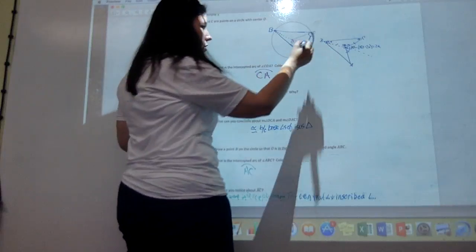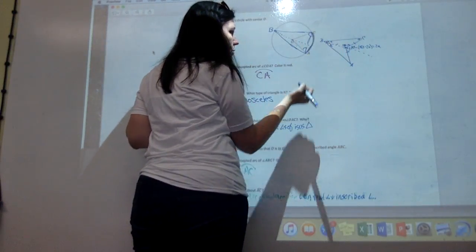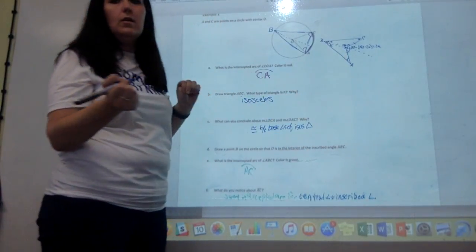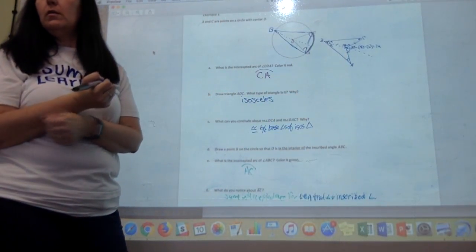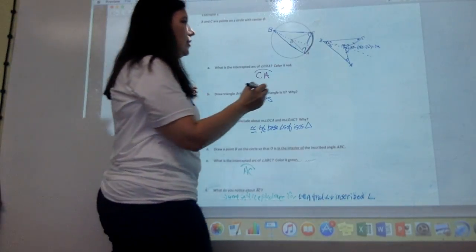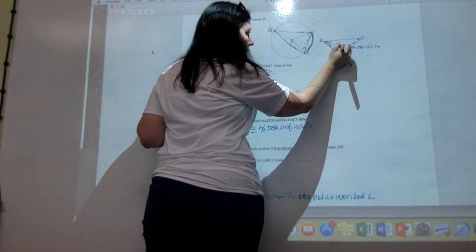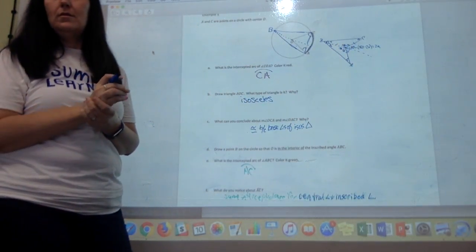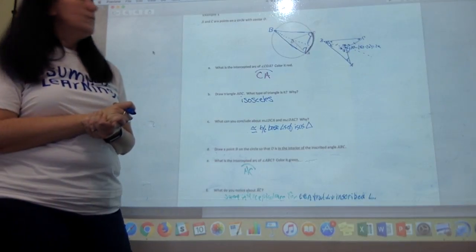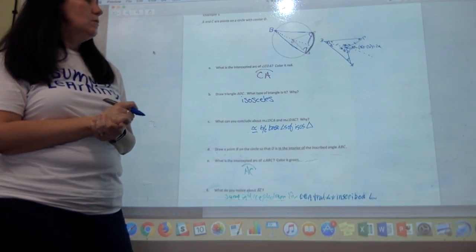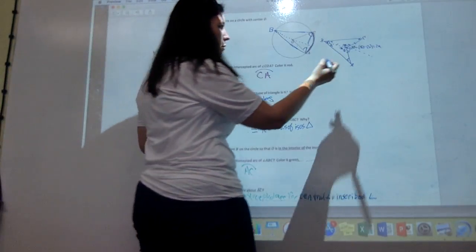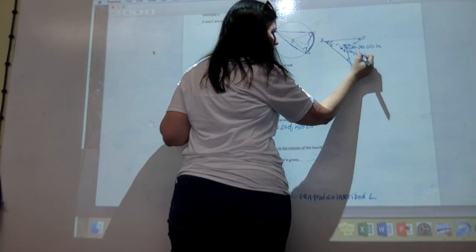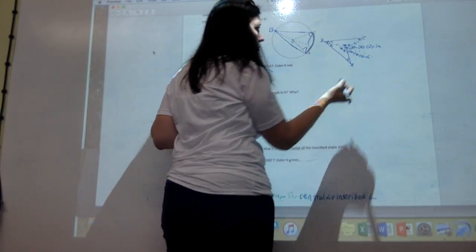And then this one, so this is not necessarily cut in half. This would be B, which would also make this one down here B. And then this would be 180 minus 2B, which means this part right here is 180 minus 180 minus 2B, which is 2B.